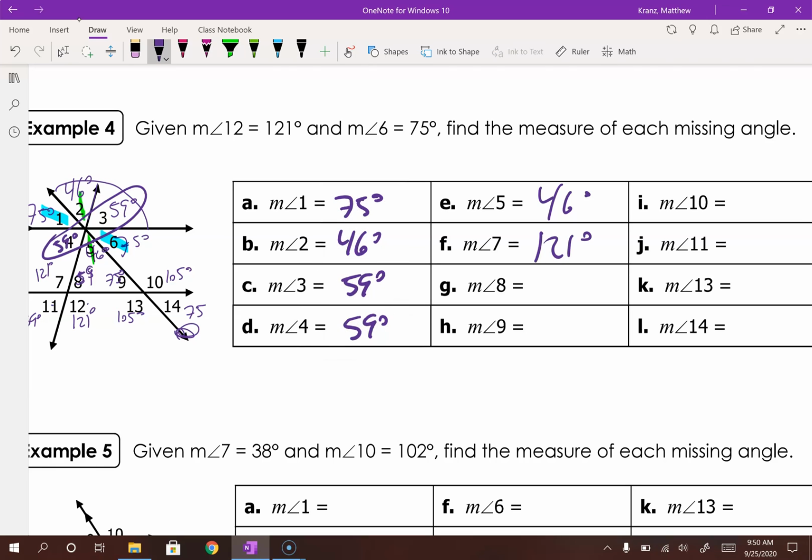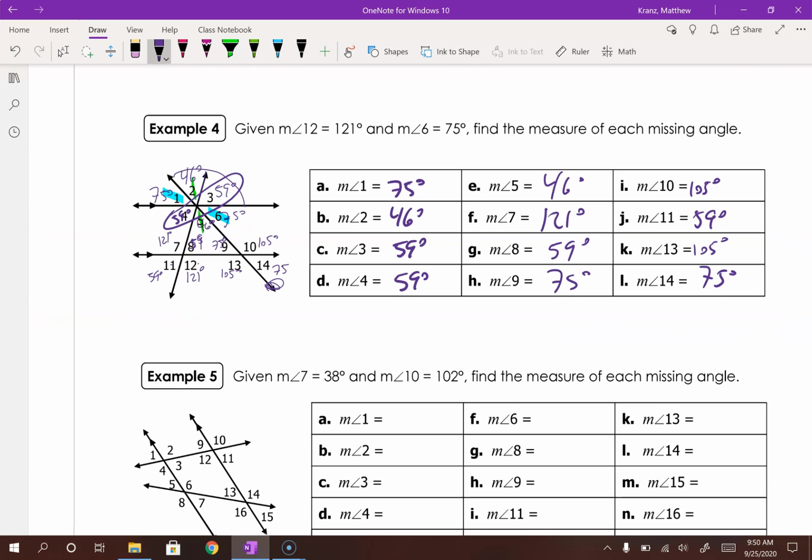Angle 8, 59. Angle 9, 75. Angle 10, 105. 11 is going to be 59. 13, 105. And 14, 75. All right, so number 5, we'll do that in class together.